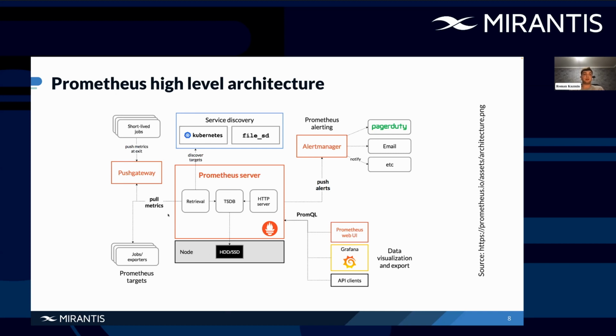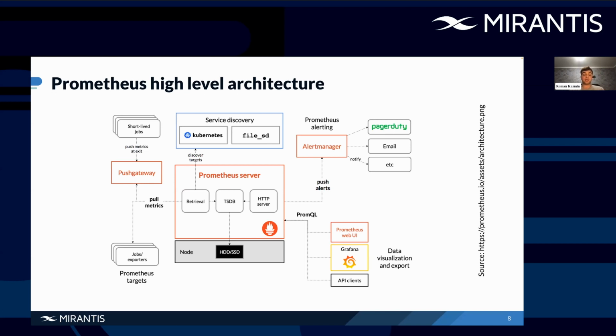You can see it here on the diagram. For metrics to get exposed, you need the exporter. It's just a simple program that can expose the metrics in a specific format for Prometheus at some endpoint, and the Prometheus server just goes to that endpoint and pulls in all these metrics.